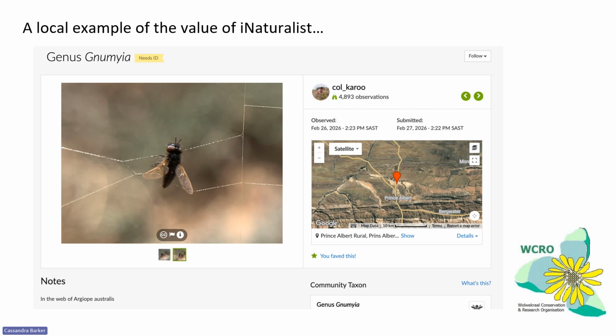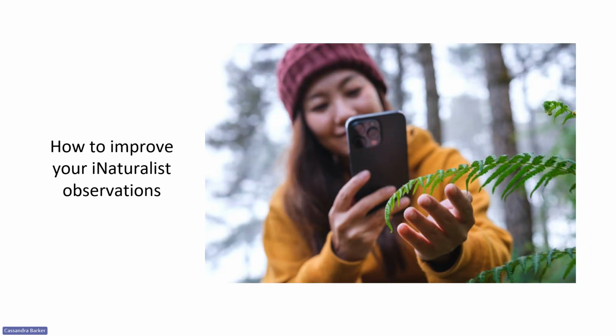This one specimen we collected is going to contribute to quite a few scientific articles in the future. So it really illustrates how valuable an observation can be to ecologists, taxonomists, evolutionary scientists. It doesn't just go into a void and get ignored. But enough about me. Let's get on to why you're actually here.